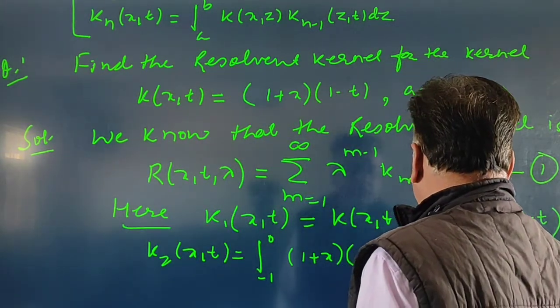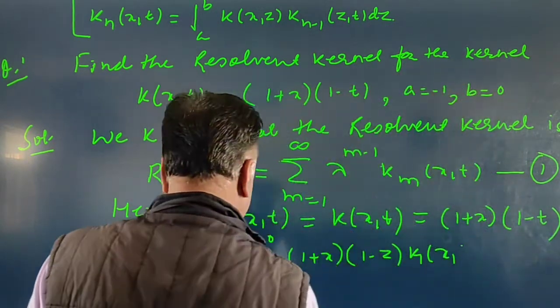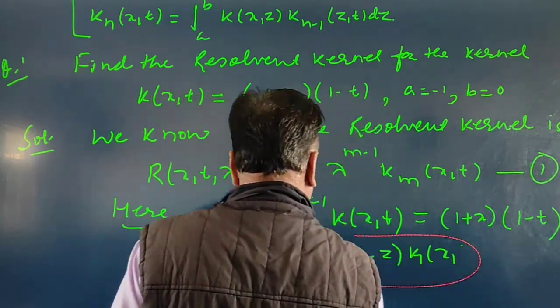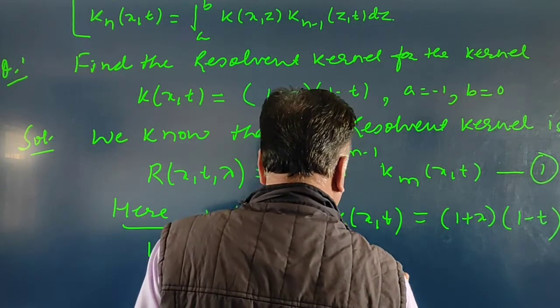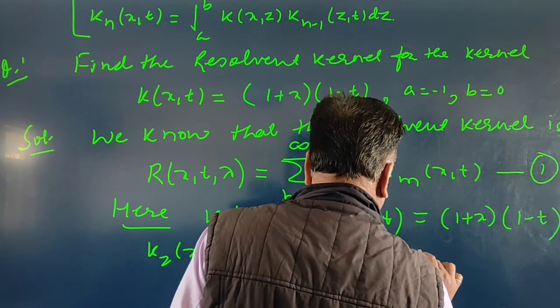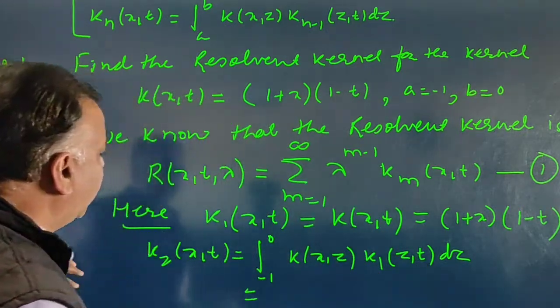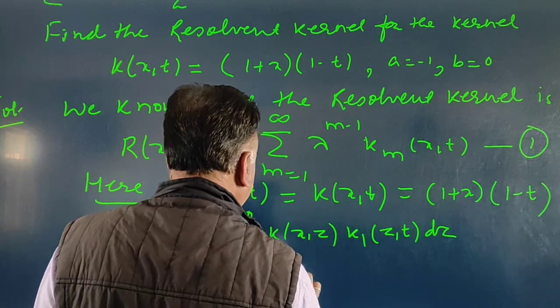Now putting the values of K(x,z) and K1(z,t), we get the integral from minus 1 to 0.